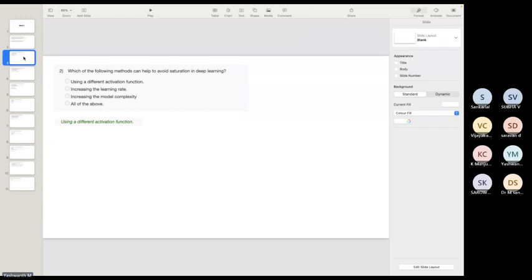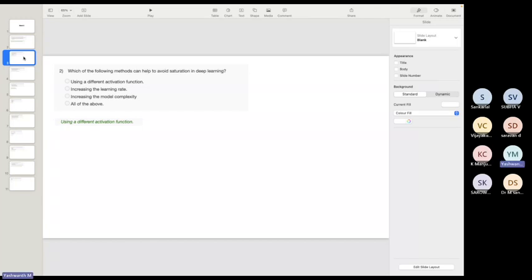Increasing the learning rate also doesn't help. It makes it even worse because you may make pretty large updates and hit saturation within the activations.